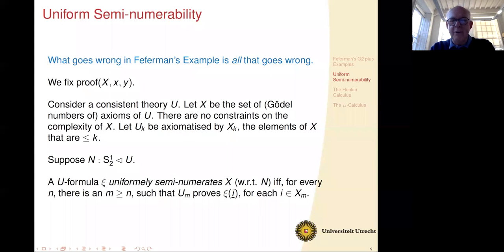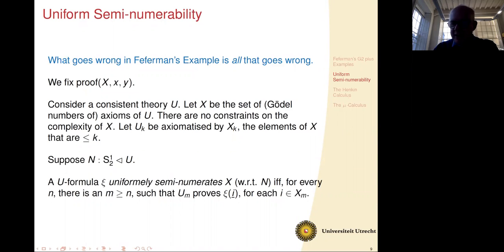And let U_K be the theory axiomatized by the elements of X that are smaller or equal than K. And suppose we have an interpretation of a suitable weak arithmetic in U, I always take S^1_2, but take your own favorite, so we can speak about numbers somehow. Now we say that formula Xi uniformly semi-numerates X with respect to N if for every K we can find a bigger M such that U_M proves Xi(i) for every i in X_M.